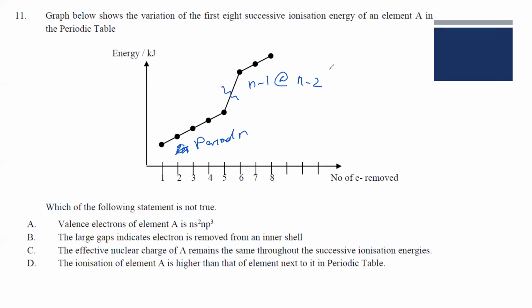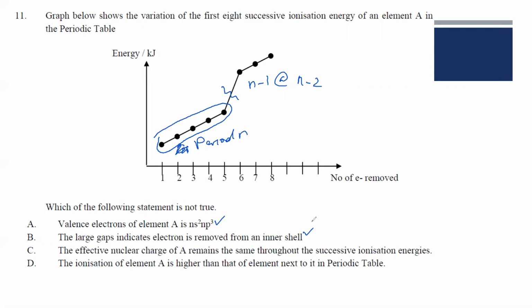Okay, so which of the following statements is not true? In here, you can see that there are 5 valence electrons in the outermost shell. So when it is 5 electrons, it is ns2 np3, correct? Number 2, the large gap indicates the electron is removed from an inner shell, which is also correct.